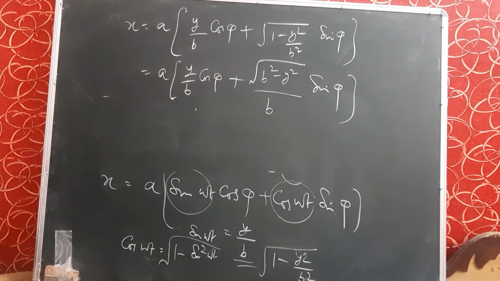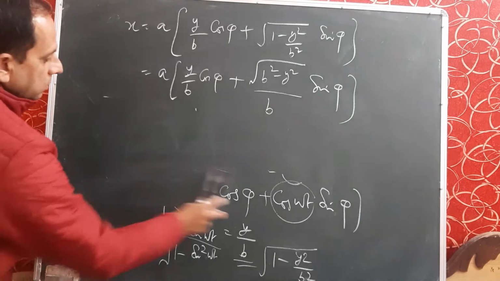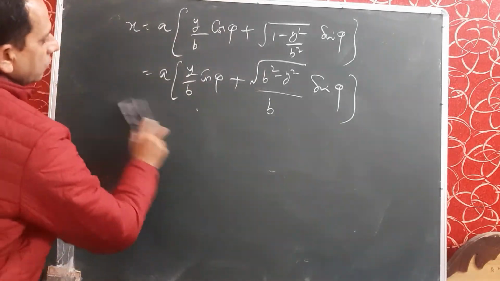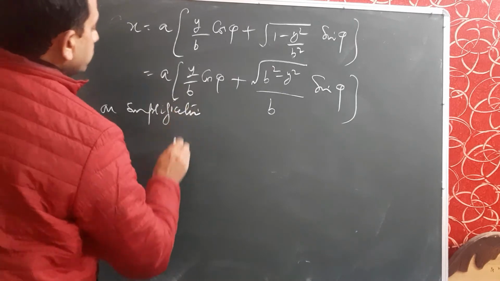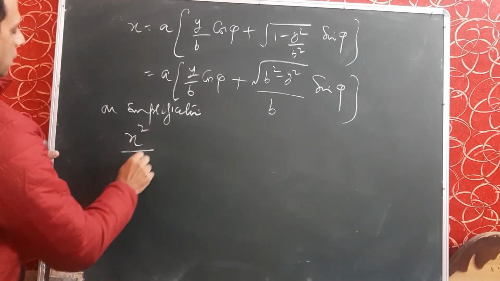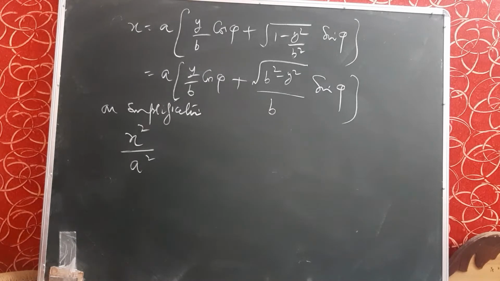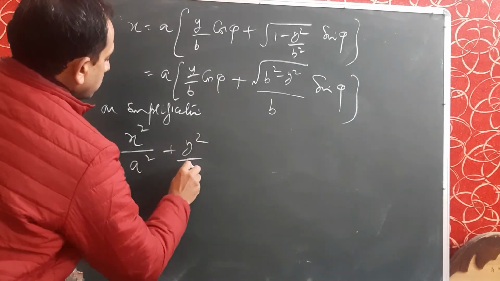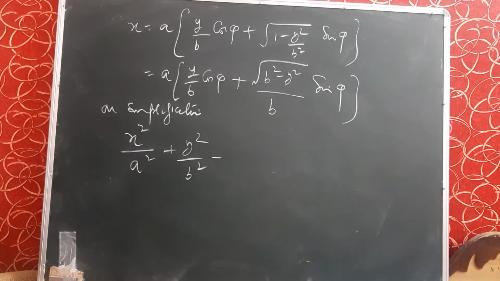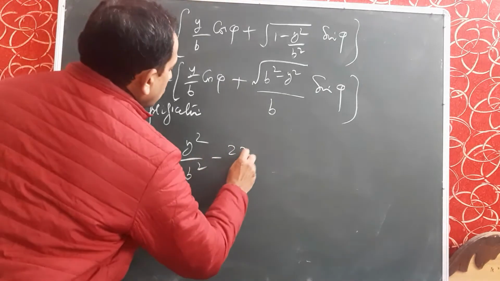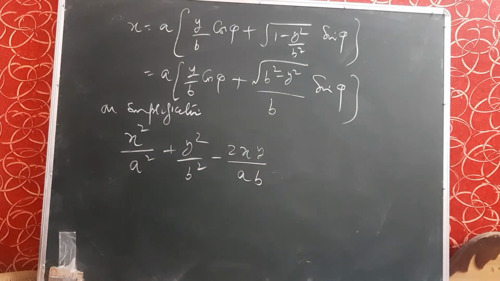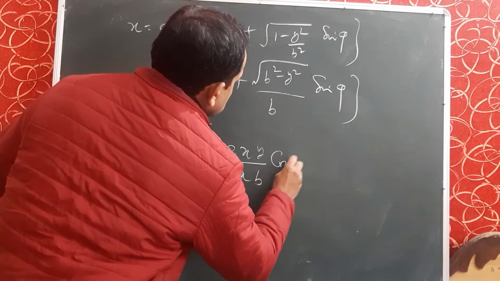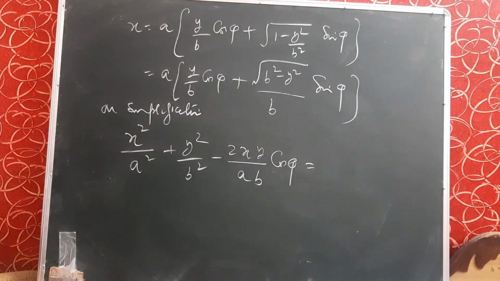So, on solving or separating these x and y terms, on simplification, we will finally get x square upon a square plus y square upon b square minus 2xy upon ab, that is x upon a, y upon b, into cos phi is equal to sin square phi.